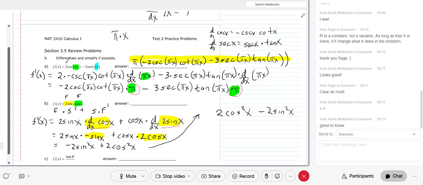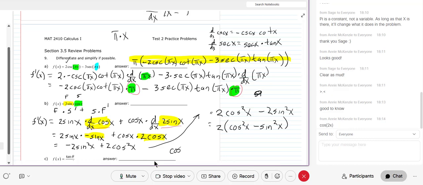Now, there's a couple of things you could do, but what I'm going to choose to do here is simply factor out the 2 to leave this. Then I've got an identity that you learn: the cosine of 2x is equal to this part right here.